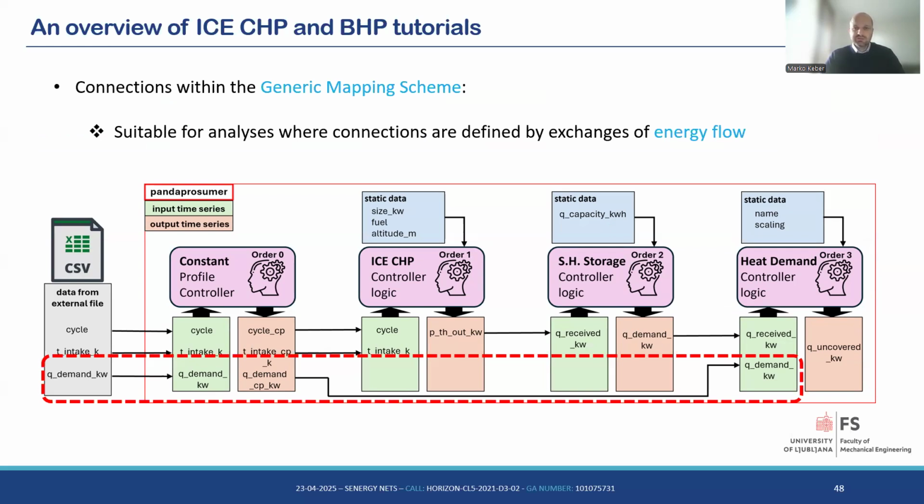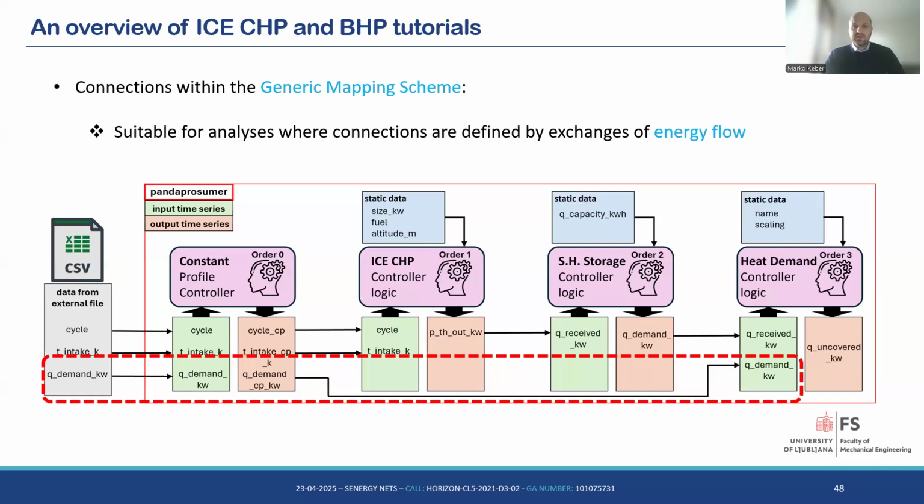So in our case, because we have heat demand, because we're interested in providing heat to a consumer, we use thermal power, or in this case, it's written in the ICP CHP controller logic, you can see this as PTH out. That's the thermal power that goes out of the CHP into the storage, and then from the storage you have Q demand that goes into Q received, and this is what the system provides to the final consumer.